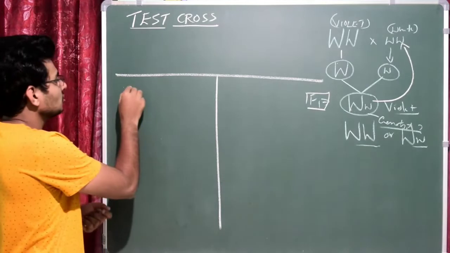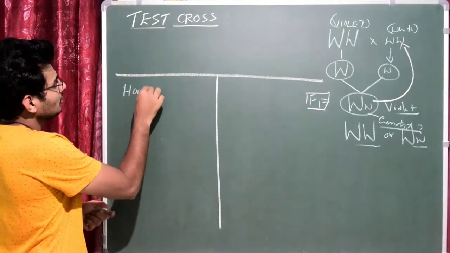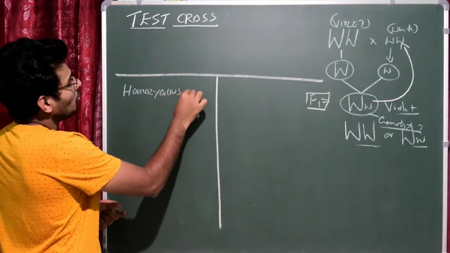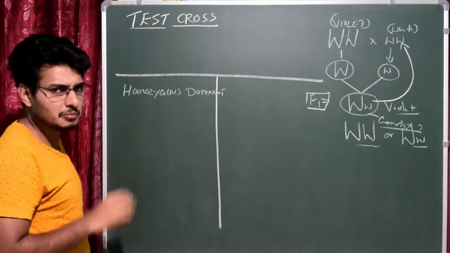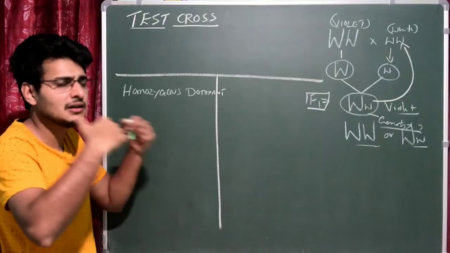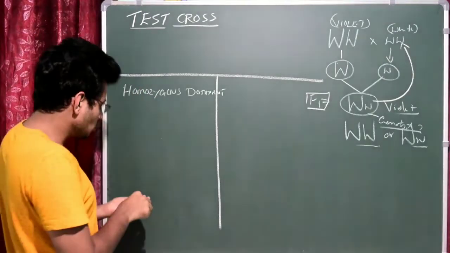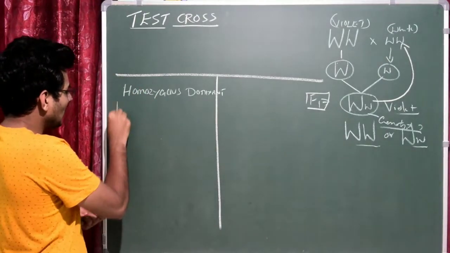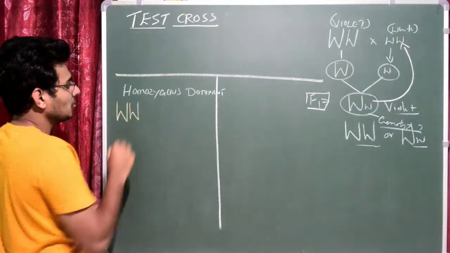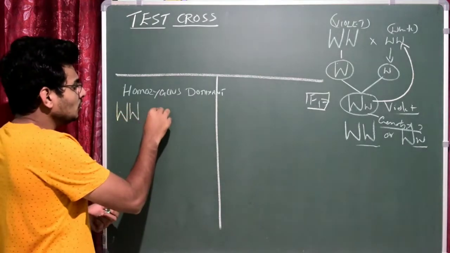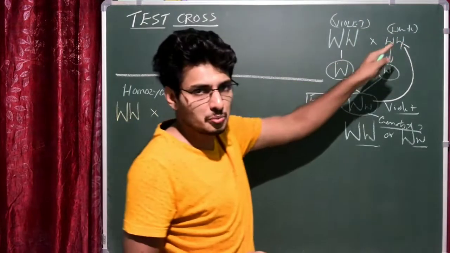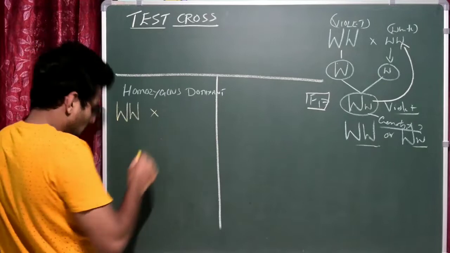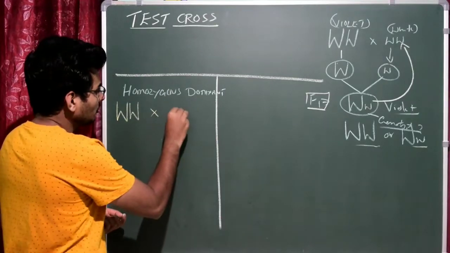First I will consider the homozygous dominant. Here I am taking F1 as homozygous dominant because I don't know the genotype. So I write capital W and capital W, and I am going to cross it with the recessive parent. That is the test cross. So I write small w, small w.